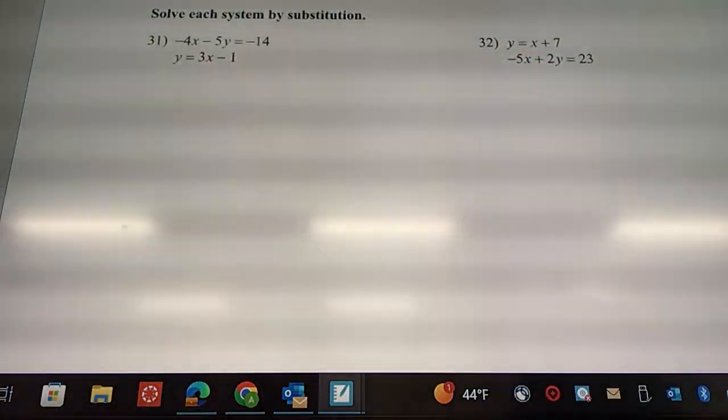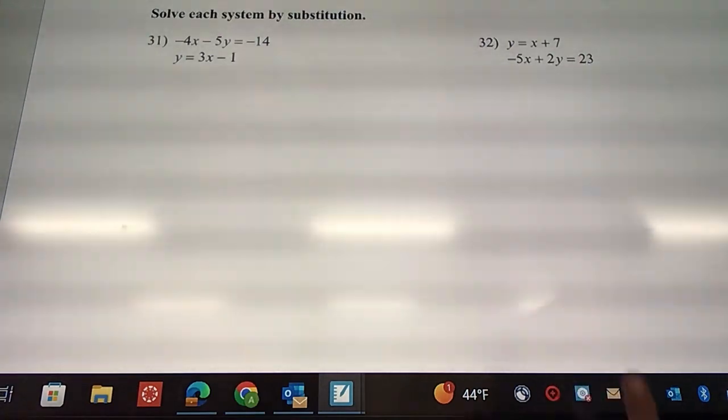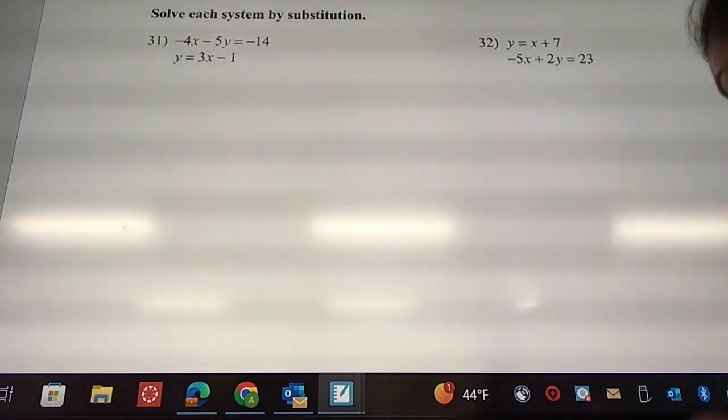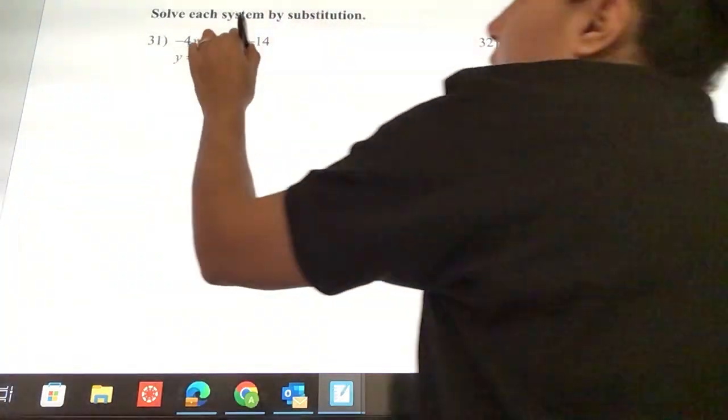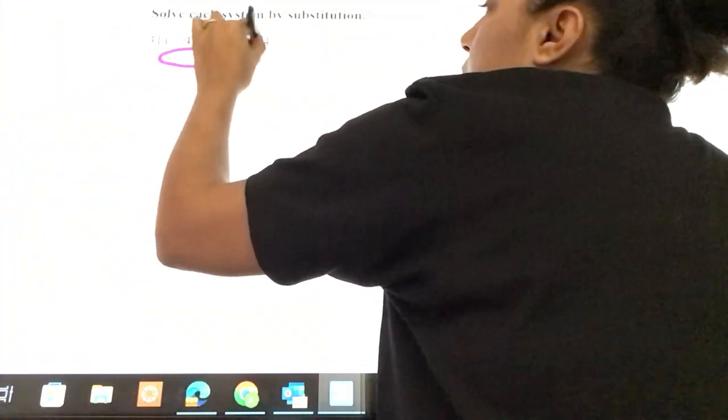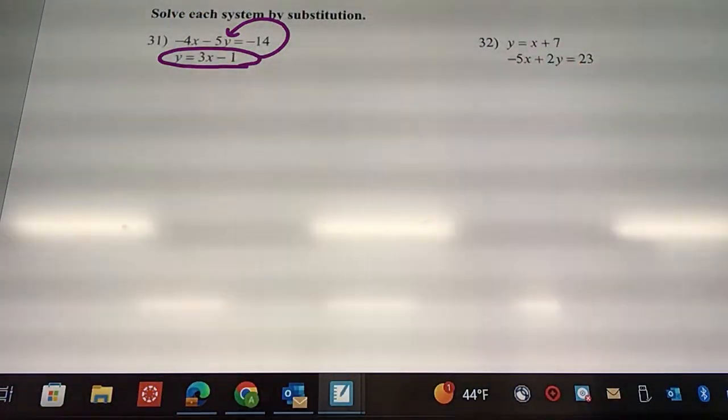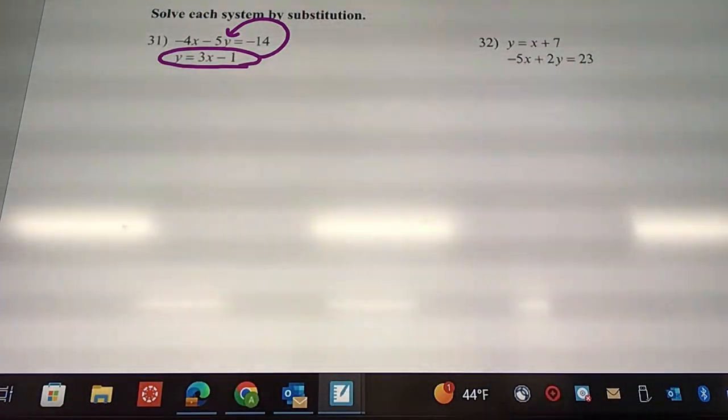Okay, solve each system by substitution. I would love to say there's a ton of notes that I can write you, but there's not. So we're gonna circle this, and we can plug it into the other one. We always circle the y equals equation.